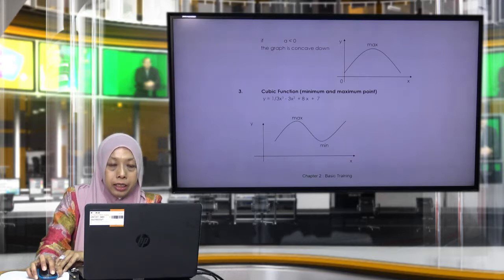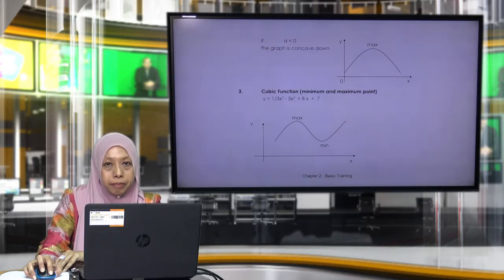As you can see here, the highest exponent is equal to 3. So this function is a cubic function. A cubic function has both a maximum point and a minimum point.